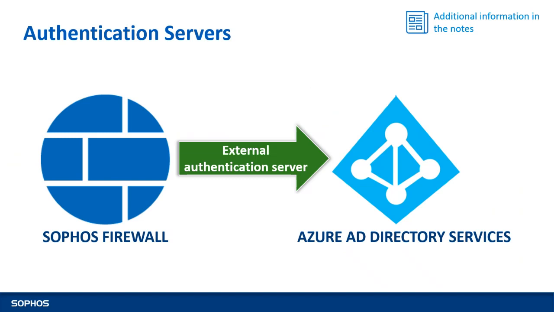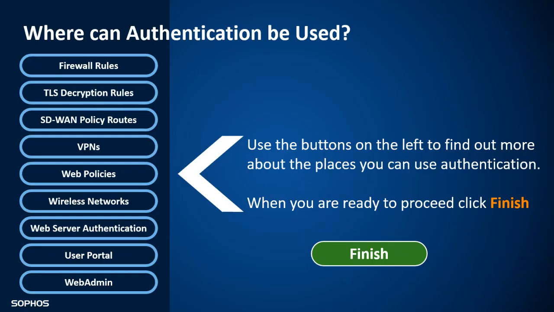You can find a guide on setting this up in the Sophos community page, recommended reads, and know that the Azure AD Domain Services is an additional charge service and it is not included with Azure AD. The authentication can be used to provide granular controls to many Sophos firewall functions.